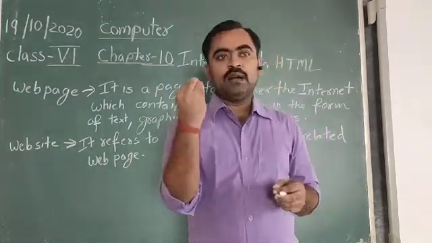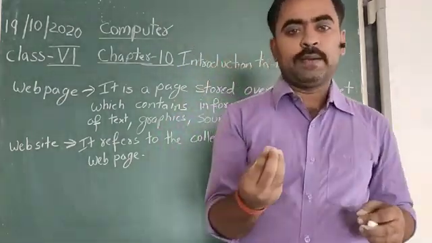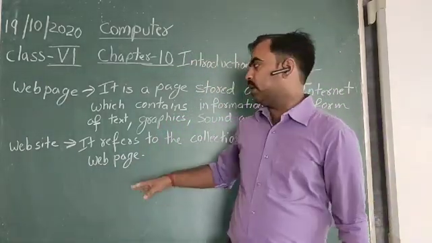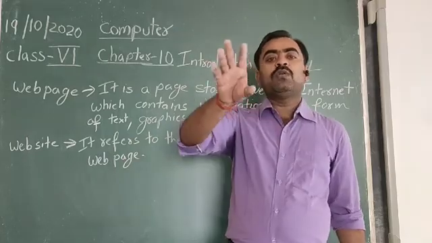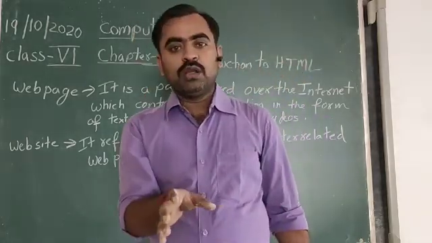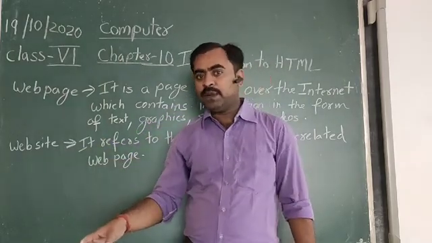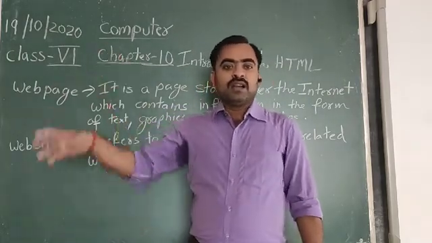Take the example of your school website. There are different pages on your school website, like a page about the school, then about the online classes, then about the online fee payment modes, and a results option.